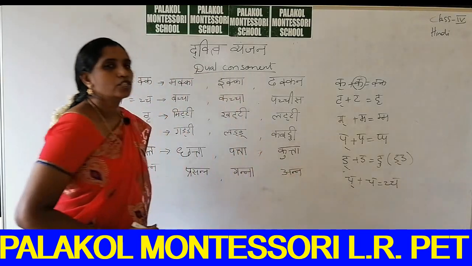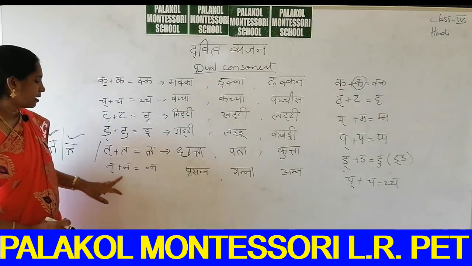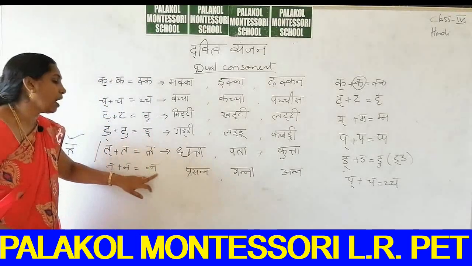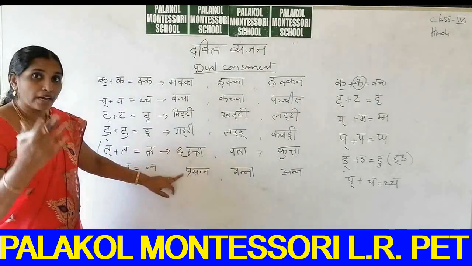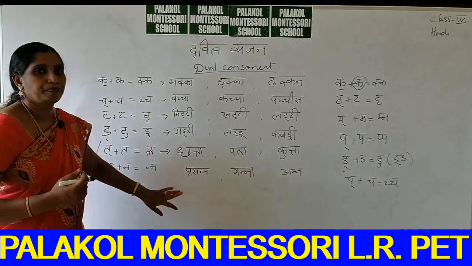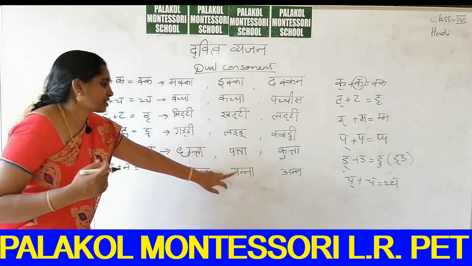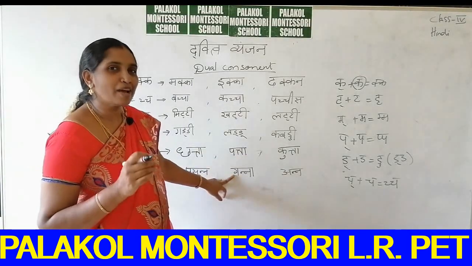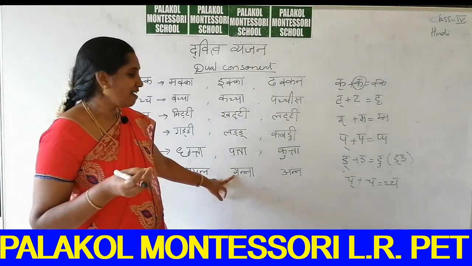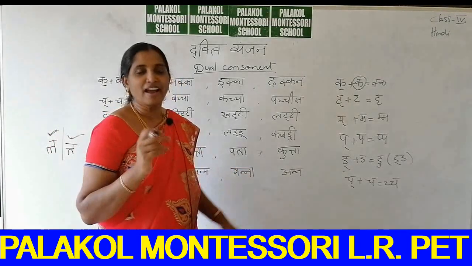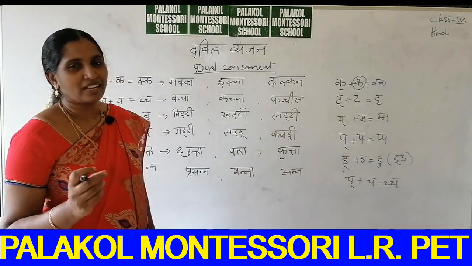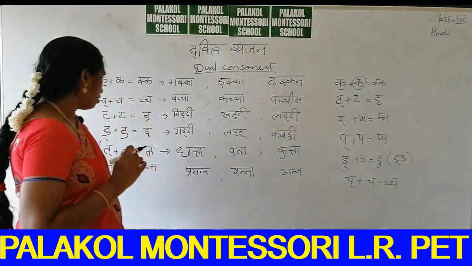Okay, children. So ann. What is the meaning of this? Na plus na. So it's nna. It comes. So prasanna. Prasanna means happy, joy, happy. So next, ganna. Ganna means sugarcane. Next, ann. Ann means grain.